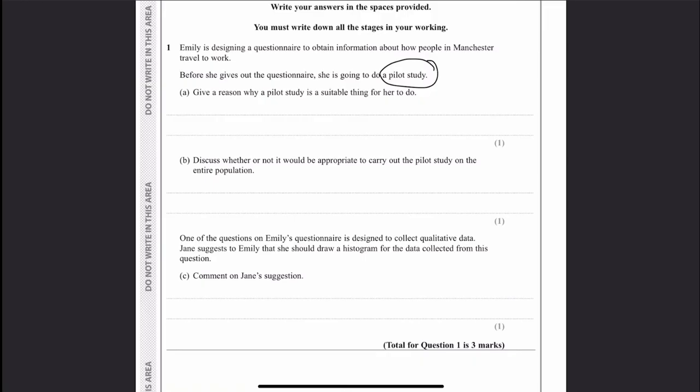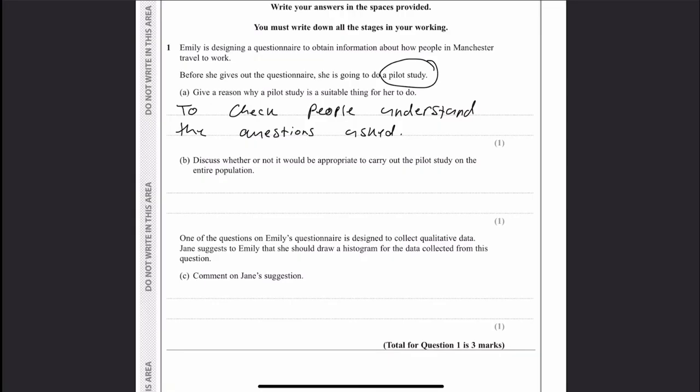My go-to reason is to check people understand the questions asked, because there's no point giving your questionnaire to an entire population when the people in your pilot study didn't even understand what you meant by each question.